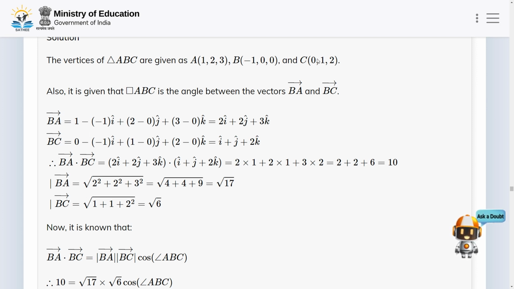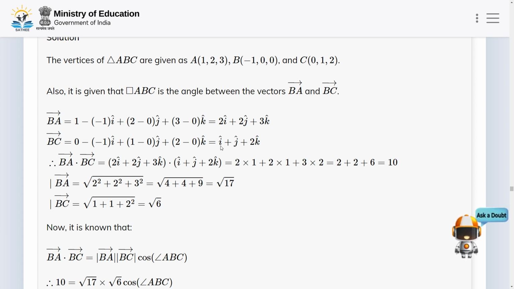Now for BC, I have to find the BC vector. So this means 0 minus 1 i hat, 1 minus 0 j hat, 2 minus 0 k hat. This gives you i hat plus j hat plus 2 k hat.